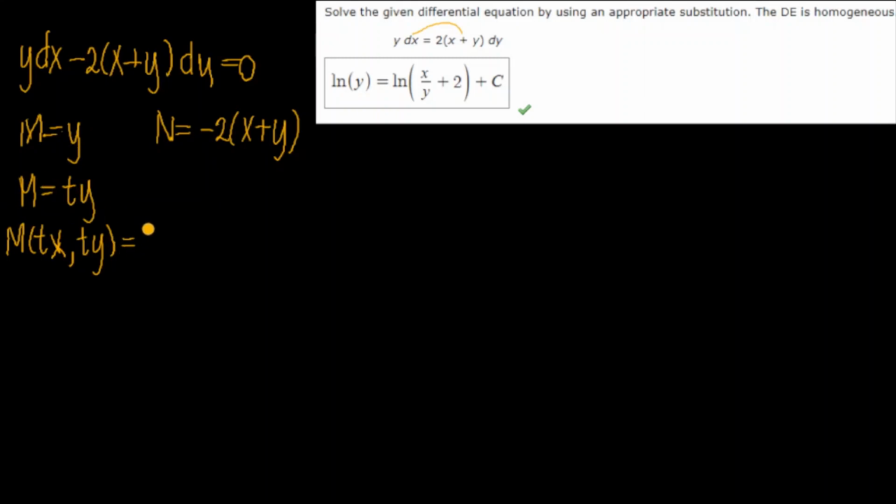Since our y is just M of x and y, we have already expressed M of tx, ty in the form t to the alpha, where alpha is 1, times M of x and y.